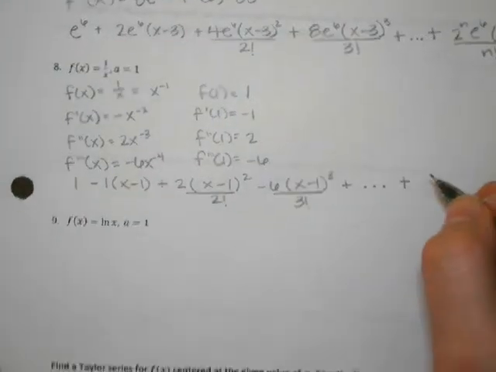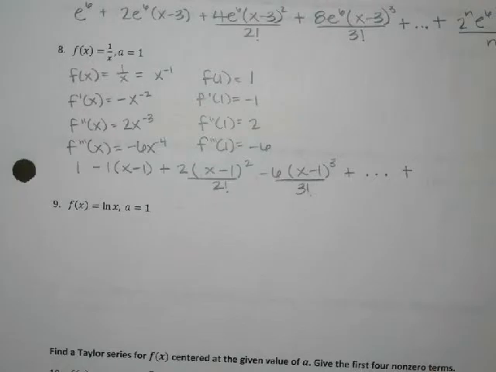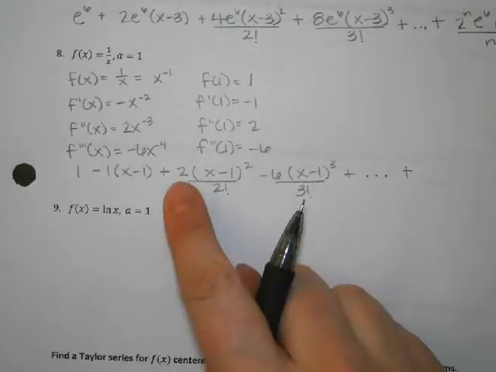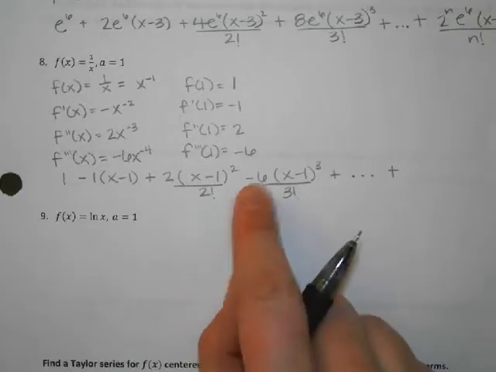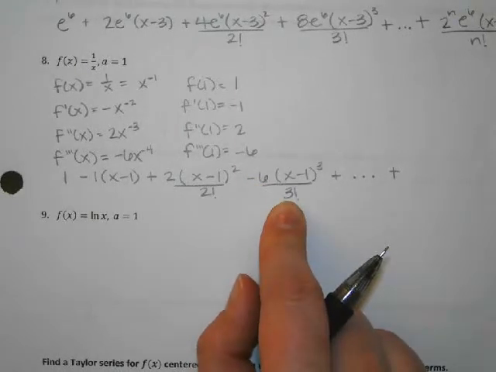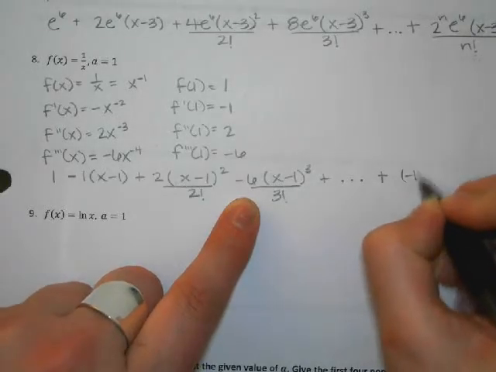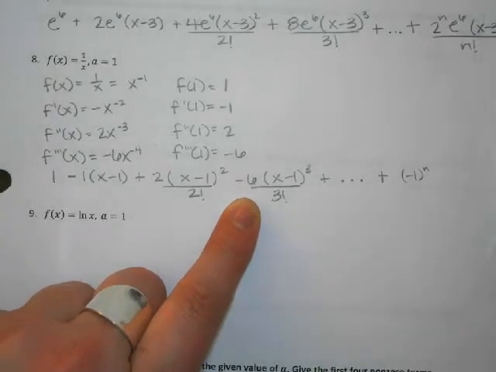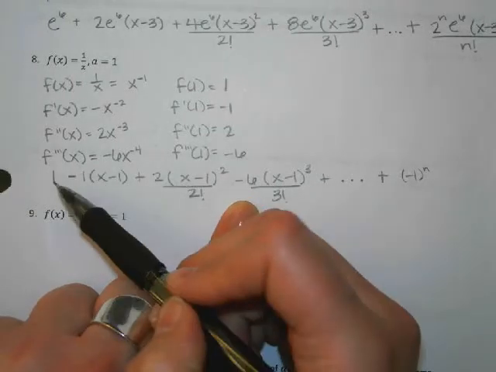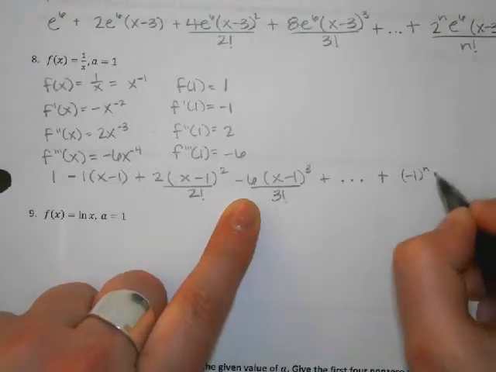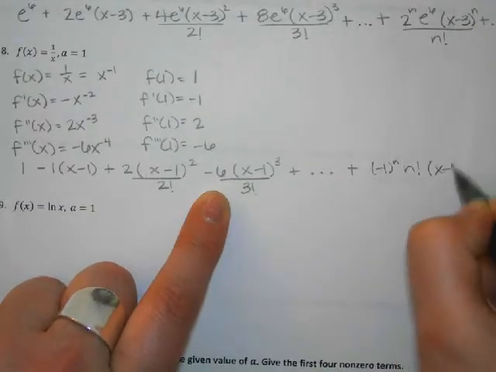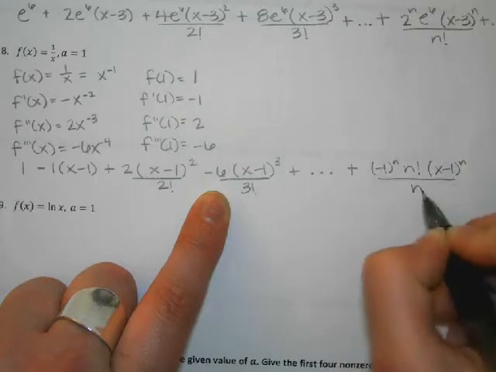Okay, this nth term is a little bit hard to find. Do you guys see what's happening with the coefficient and the factorials? Yeah, they're crossing out, they're the same. 2 is the same as 2 factorial. 6 is the same as 3 factorial, okay? Oh, so this is really negative 1 to the nth, because we're alternating our signs, right? And we're starting with the 0 term. And this would be n factorial times x minus 1 to the n over n factorial.